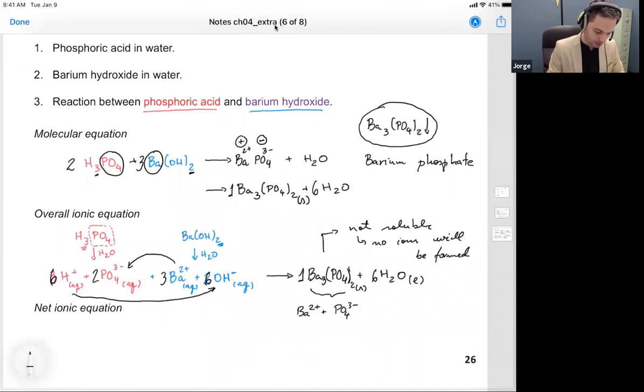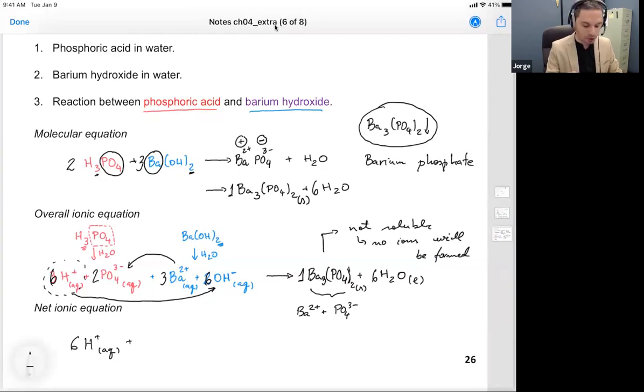So let's start with H plus. H plus shows up in the reagent side, but does not show up in the product side. Therefore, we cannot cancel. So we have to write it again.